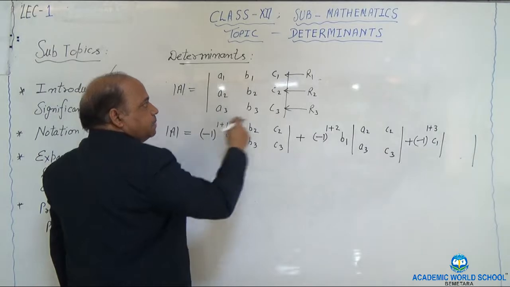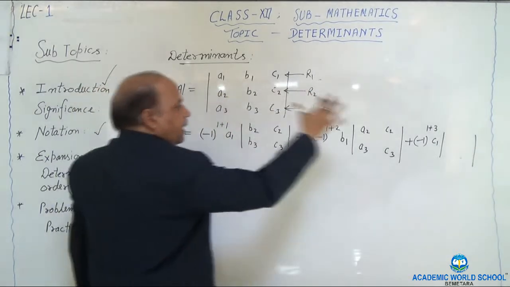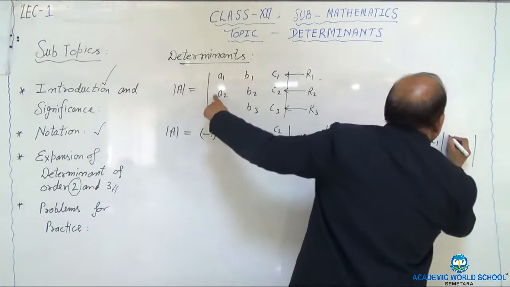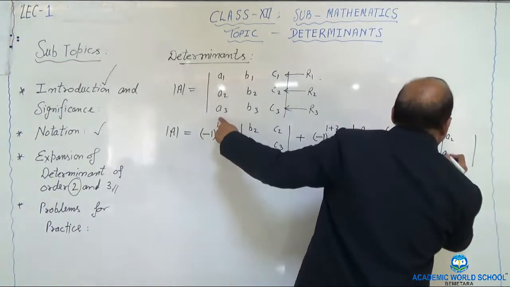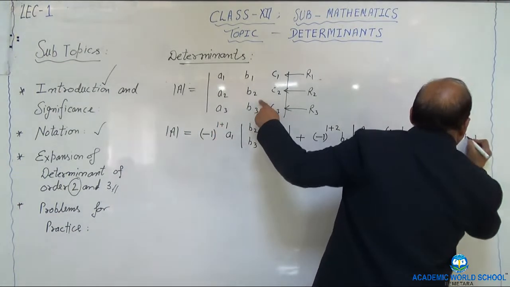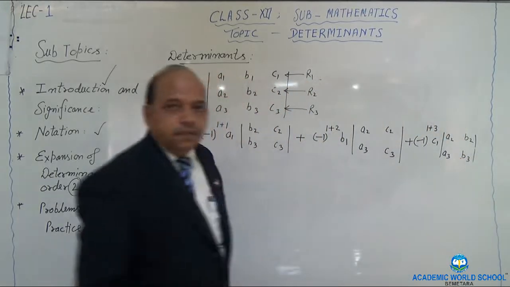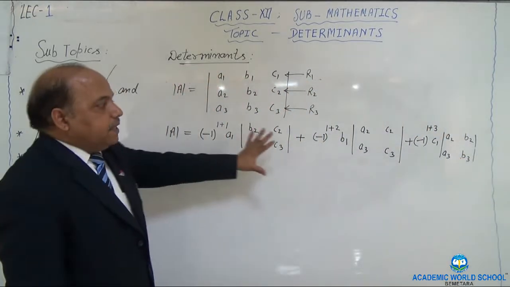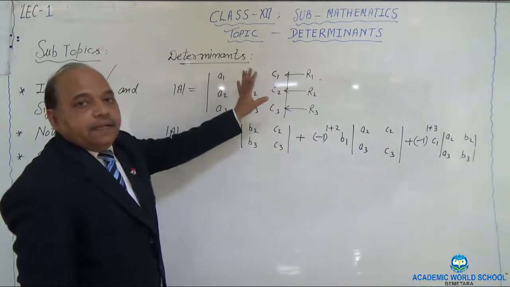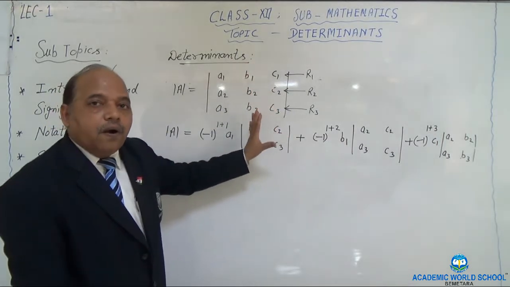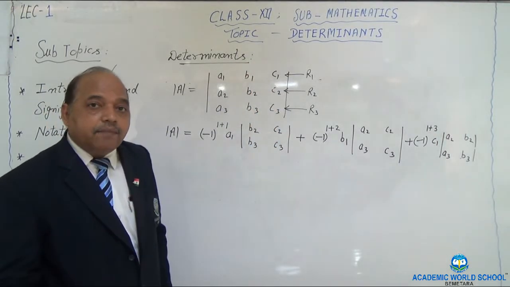This part is left, so write it down as it is: A2, A3, B2 and then B3. What have we done? This is the rule to expand any determinant of order 3. Again I am explaining.